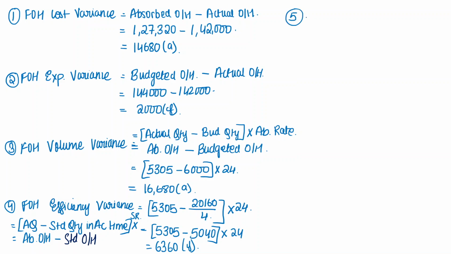Fifth, fixed overhead capacity variance. Now here there is magic, so you need to understand this. You have worked for how many days? 24 days.